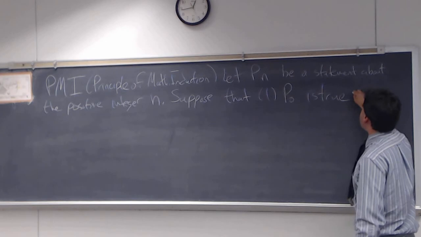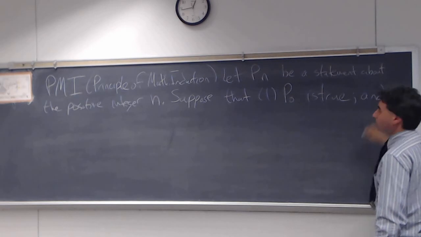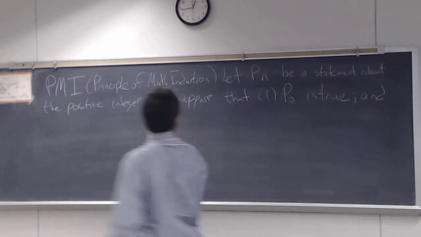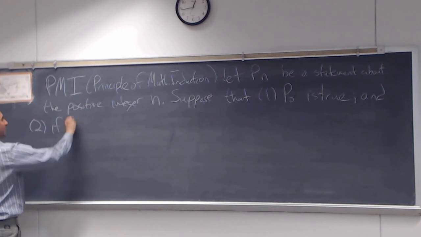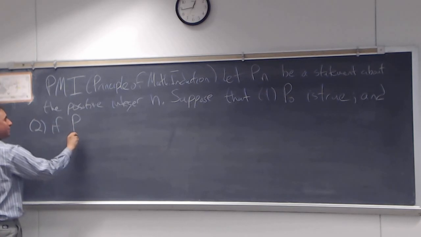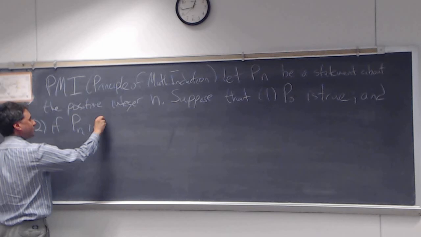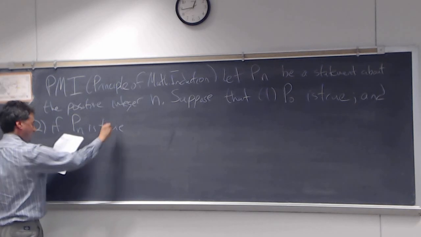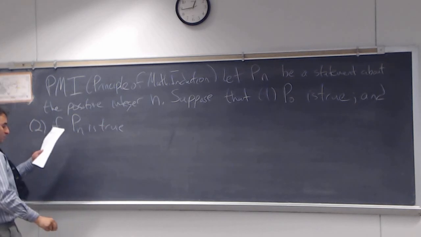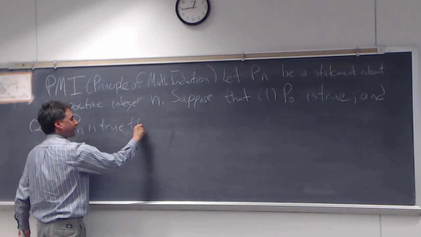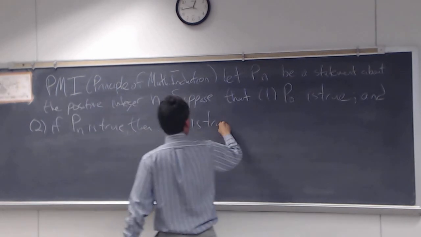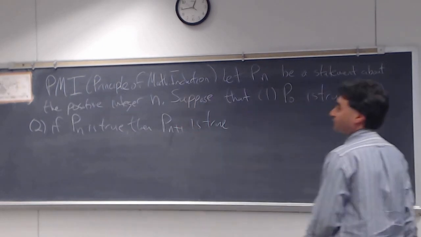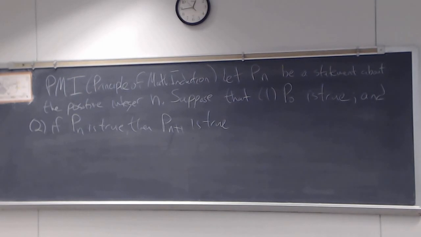The first is P sub 0 is true. The second is if P n is true, then P n plus 1 is true. So these are the hypotheses. You have a statement that meets those conditions.